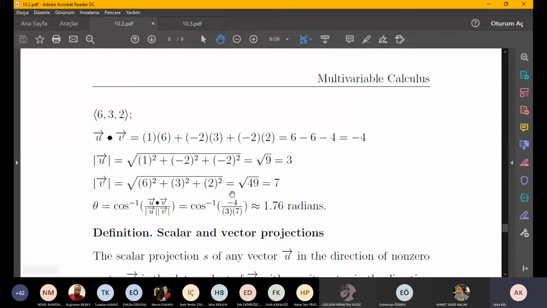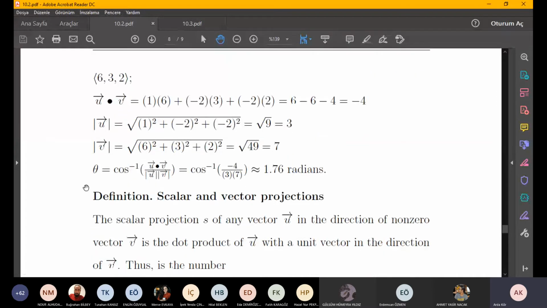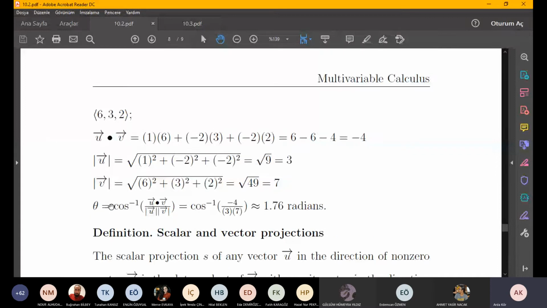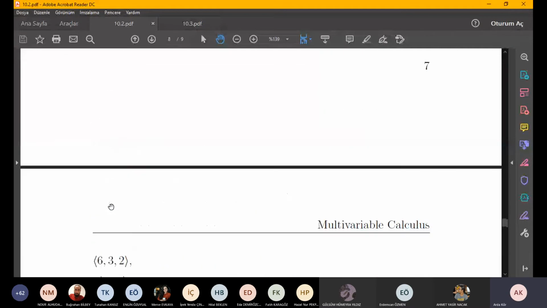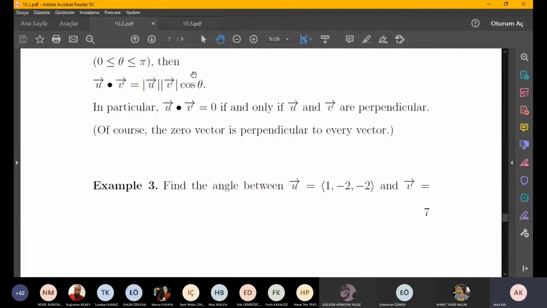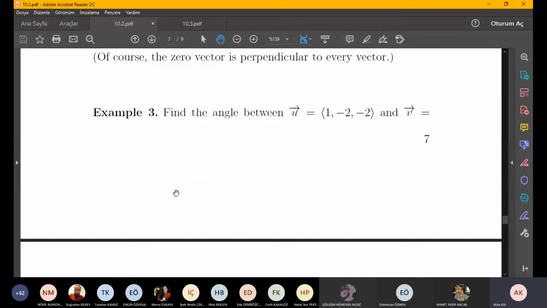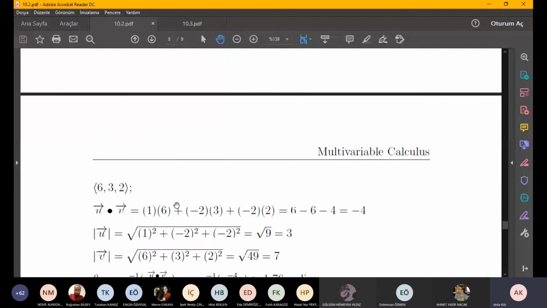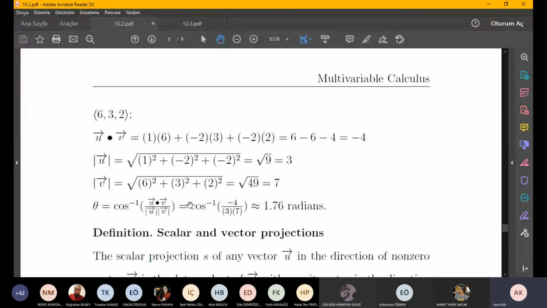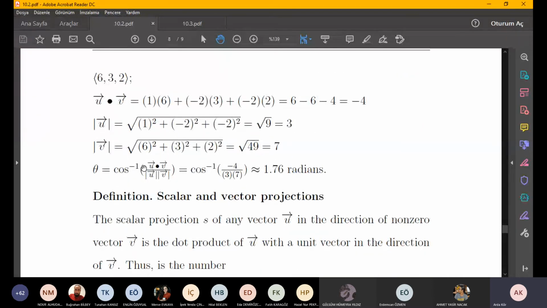By the definition of the dot product, theta is the arc cosine of u dot product v over the length of u times the length of v.